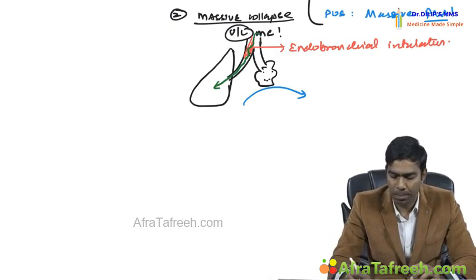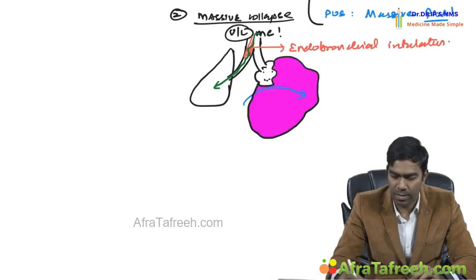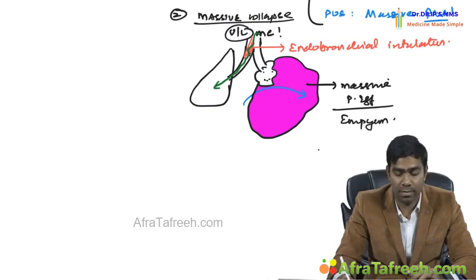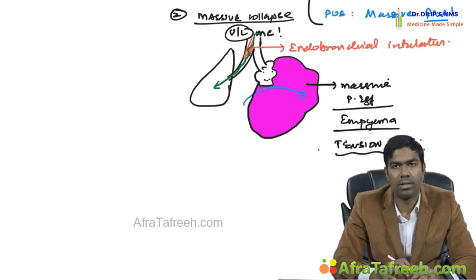So this can happen, or this massive collapse can be due to accumulation of something else, right? This something else can be a massive pleural effusion or a massive empyema, or could be a tension pneumothorax.